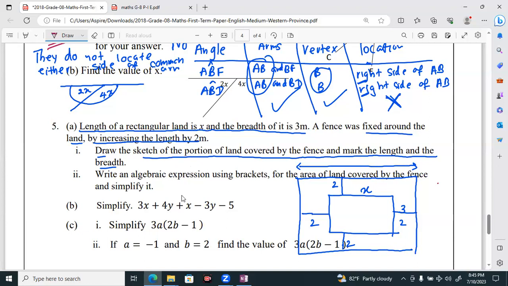Draw the sketch of the portion of land covered by the fence. A fence was fixed around the land by increasing the length by 2 meters. Length එක විතරද 2 meters වලින් වැඩි කරලා තියෙන්නේ. 2 meters. Sorry, මේක මෙහෙම නෙවෙයි. මං හිතුවා වැරදි.